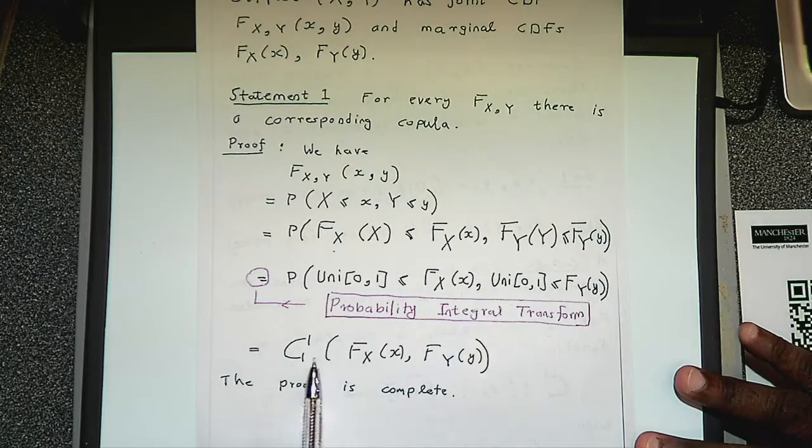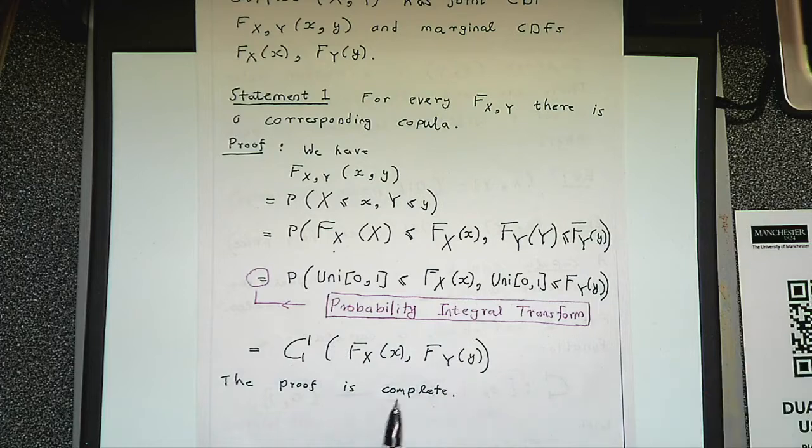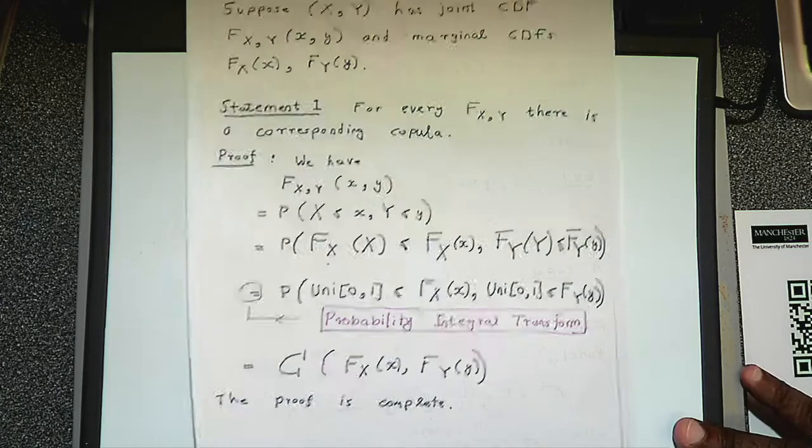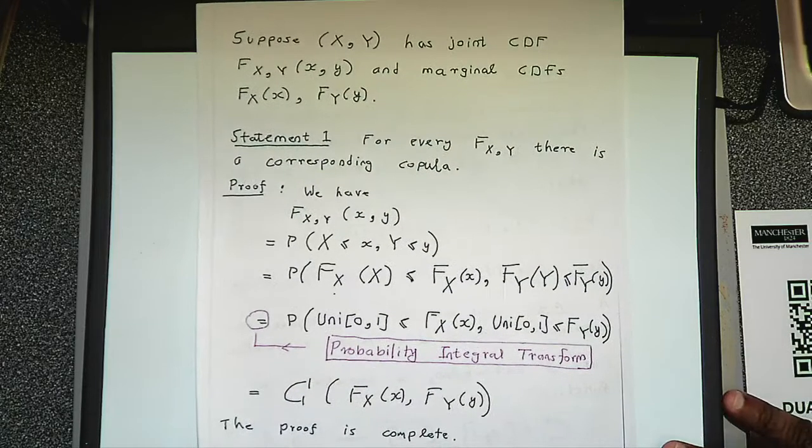So you can write this as C(F_X(x), F_Y(y)). So I have proved the statement. The statement that I wanted to prove is that for every joint CDF of a random vector (X, Y), there is a corresponding copula C, and I have proved it.